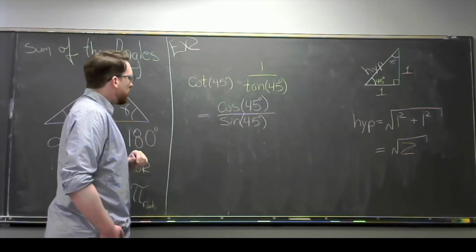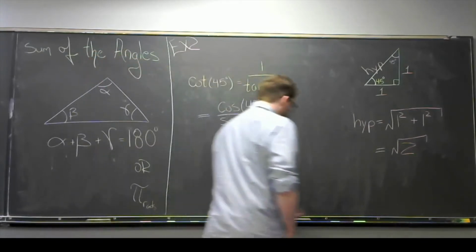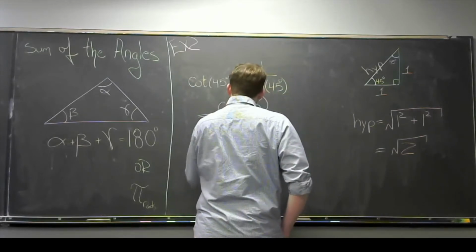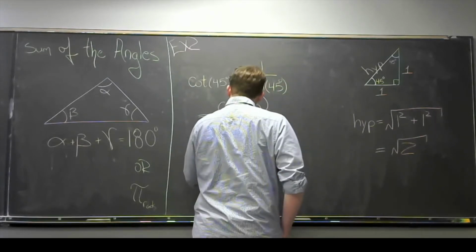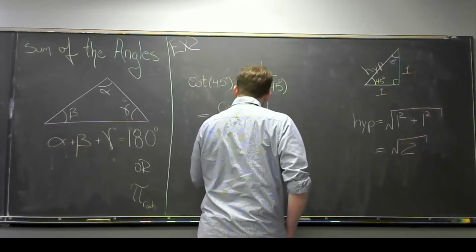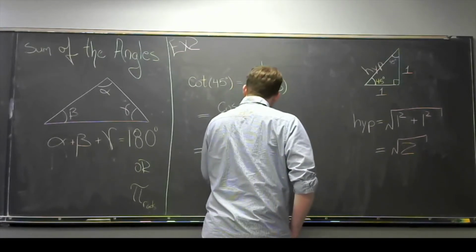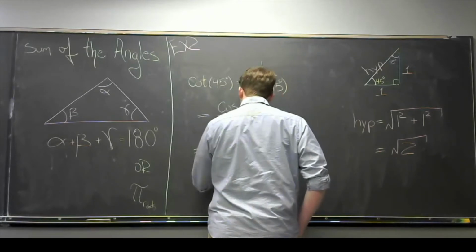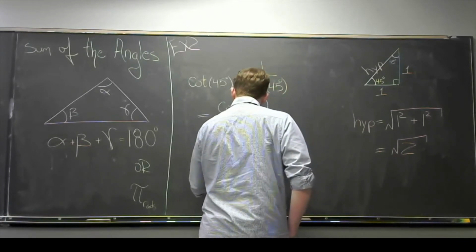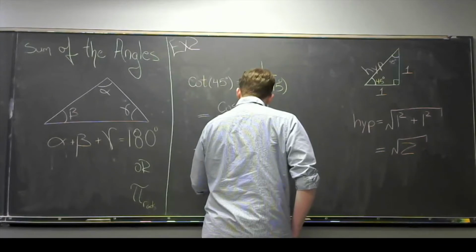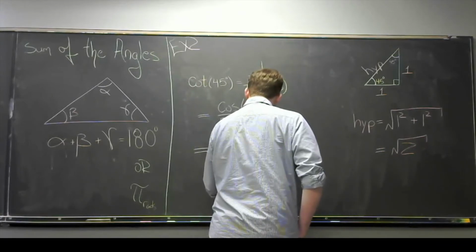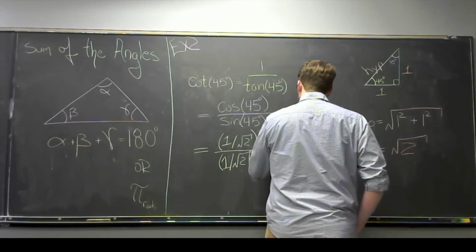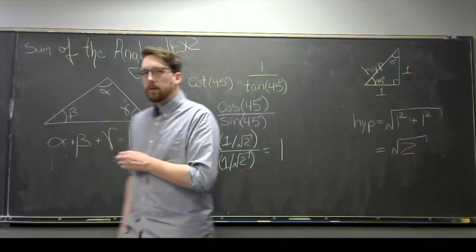But we know cosine is equal to 1 over the square root of 2. And we know sine is equal to 1 over the square root of 2. So all of this is going to come out to be just 1.